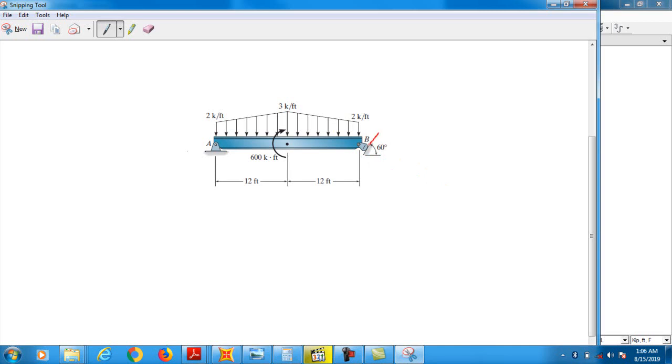This is your supporting surface, or plane, and the plane is rotated from horizontal by minus 60 degrees. It is minus 60 because it is rotated in the anti-clockwise direction, not clockwise.